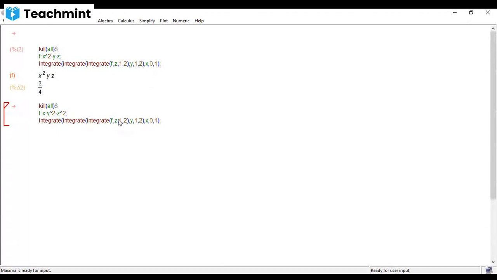Okay, and you have to integrate this first with respect to z, and the limit for z is from 0 to 1. That has to be integrated with respect to x second, and the limit is from 0 to 1. Finally, you have to integrate that answer with respect to y, and y is from 0 to 1.